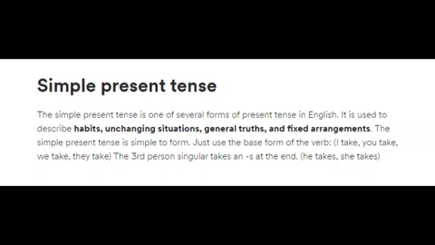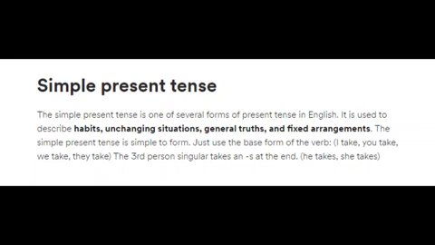You can see in the bold letters which I have highlighted. These are the main basic uses where we use simple present tense to describe habits, unchanging situations, general truths, and fixed arrangements.